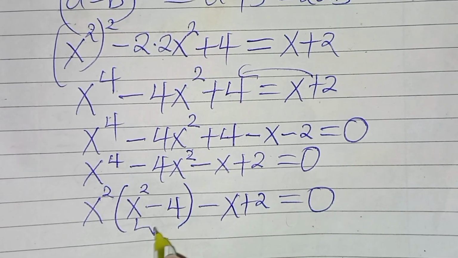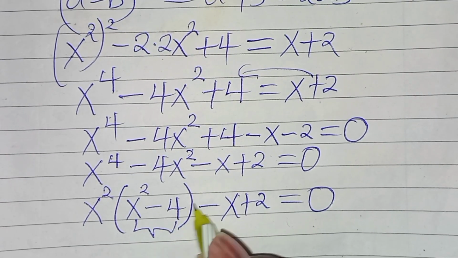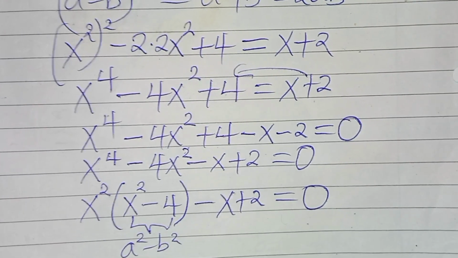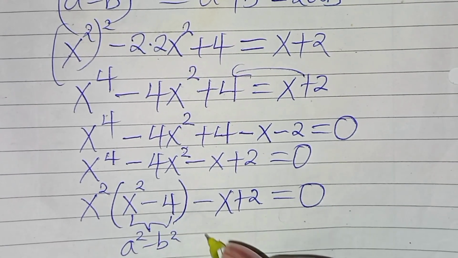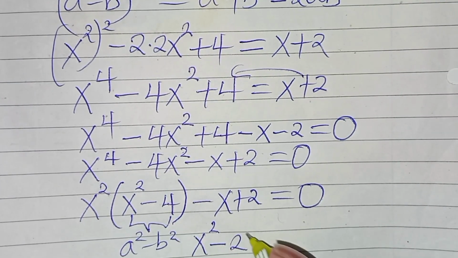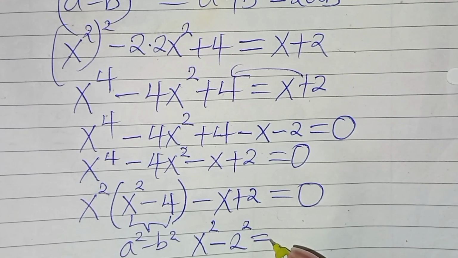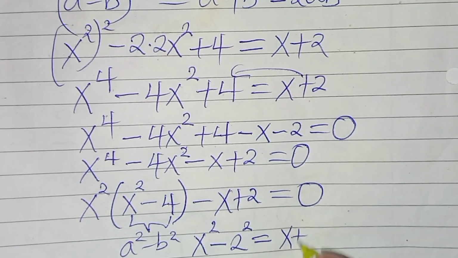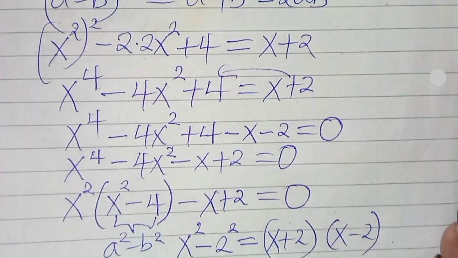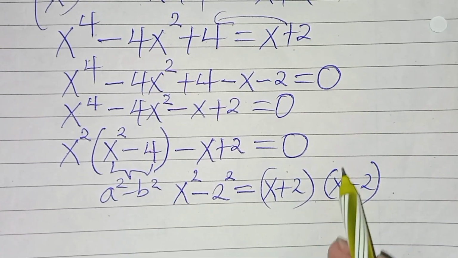Now, if you check this particular part, this is actually the difference of two squares, expressed as a squared minus b squared. Now x squared minus 4, we can express 4 as 2 to power 2, and this is actually (x plus 2)(x minus 2). So let's substitute this.